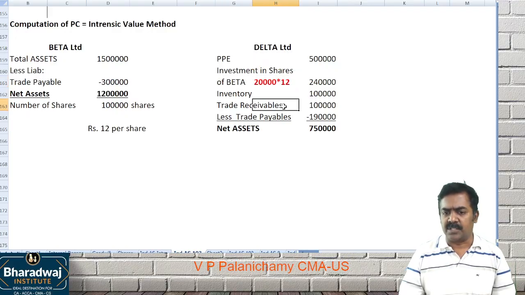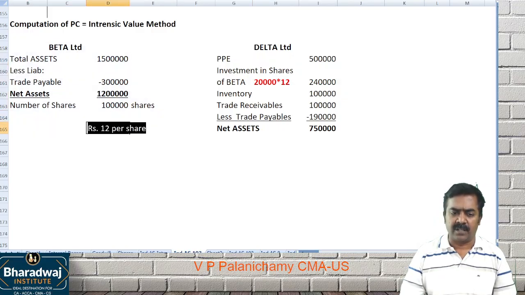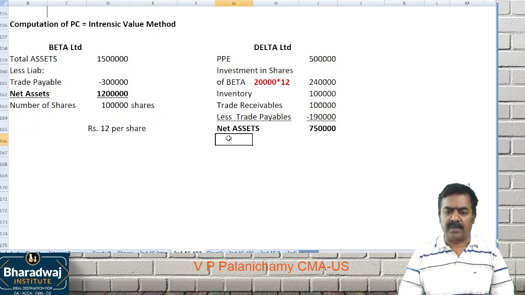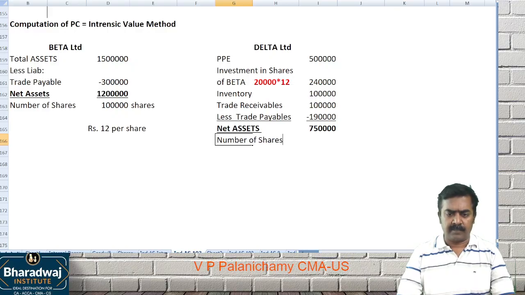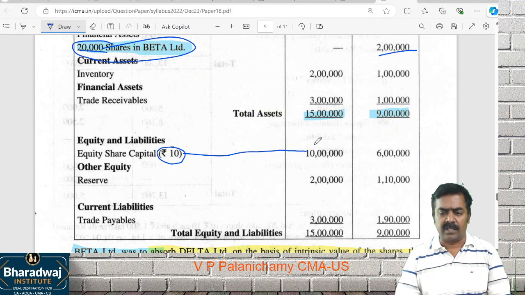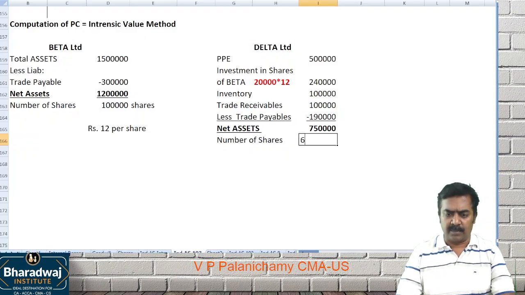These 20,000 shares are of Beta Limited. What is the value per share? 12 rupees is the value per share. 2,40,000 should be taken, divided by the number of shares. How many shares are there in Delta Limited? 6 lakhs at 10 each, so 60,000 shares.